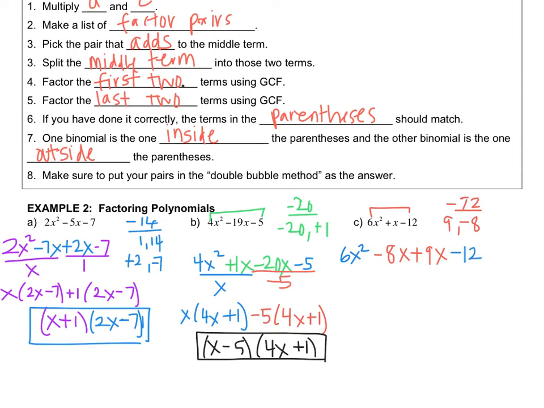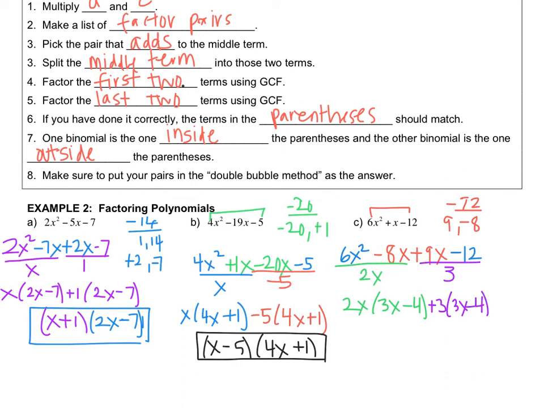All right, now I do the GCF. So the GCF of this first half is 2x. So I get 2x times 3x minus 4. And then I do the GCF of the second half, which in this case is 3. So I get plus 3 times 3x minus 4.